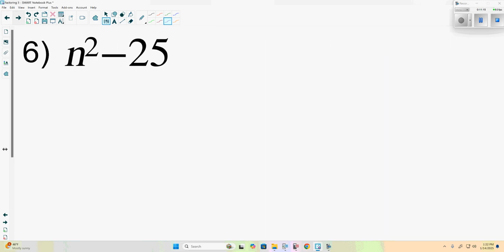Here's the next one we're looking at. N squared minus 25. There are the factors n and n. The third term is 25. Now, the question is, does this follow our difference of perfect squares?